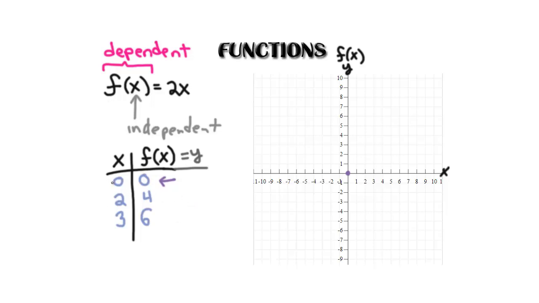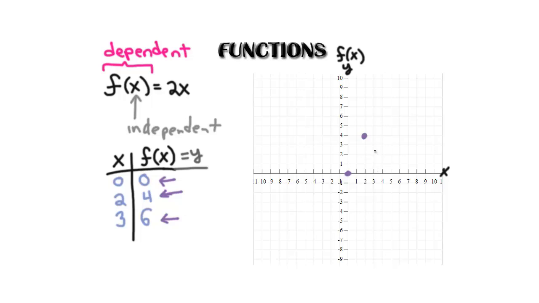All right. So here we have 0, 0. Then let's plot the point 2, 4. So you go 2 over and up 4, and there it is. So we have our 2 points here, and then our last point here is 3, 6.